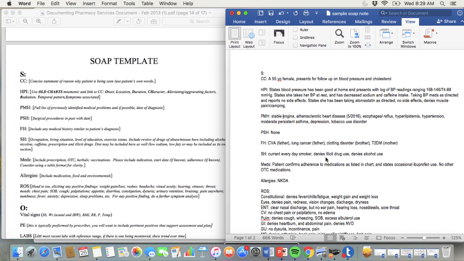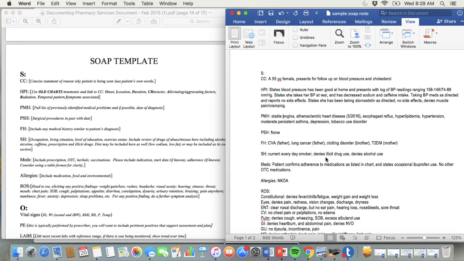related complaints. Then you have your past medical history, which is a full list of everything the patient has been diagnosed with and the date of the diagnosis if that's available. A lot of times it won't be, but if it is, it should be documented because that can affect your assessment and plan.